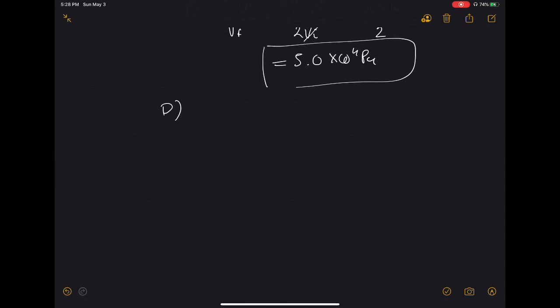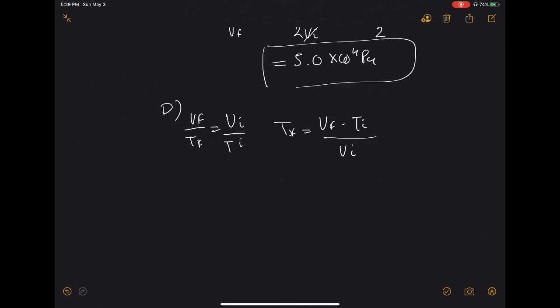I'm going to use Vf over Tf equals Vi over Ti. Solving for the final temperature, Tf equals Vf times Ti over Vi.